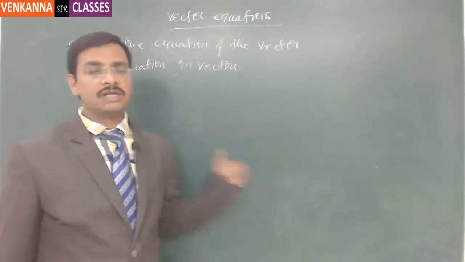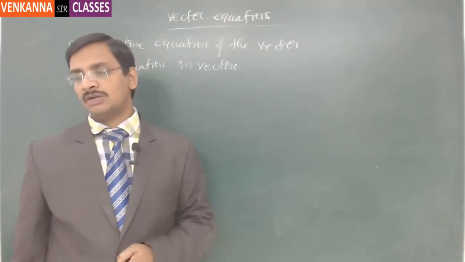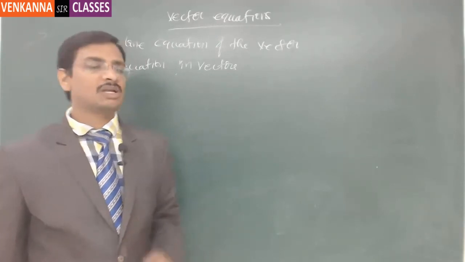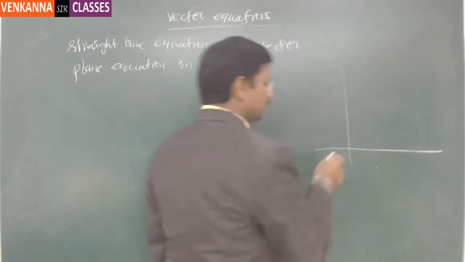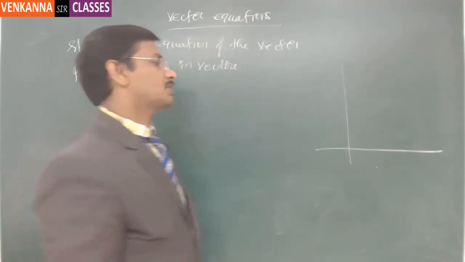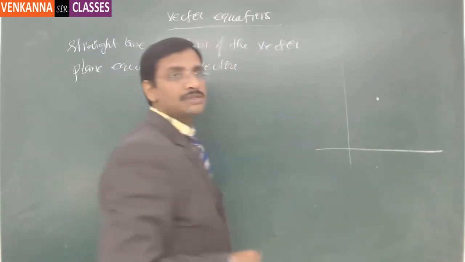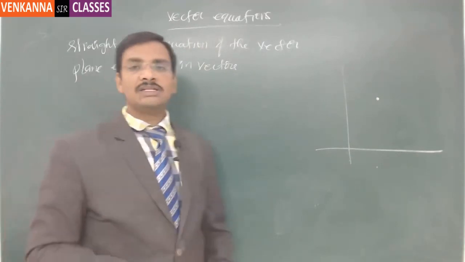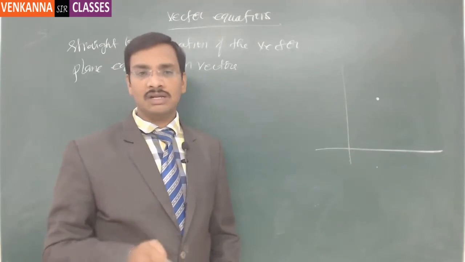Okay, so a straight line equation that is expressed in terms of vectors is called a vector equation, which is nothing but the position vector of the straight line at any point. Now this is more applicable for 3D, so it will be more useful for 3-dimensional vectors. Now suppose given the information that the straight line is passing through a point and is parallel to a vector, then what is the vector equation of the straight line?